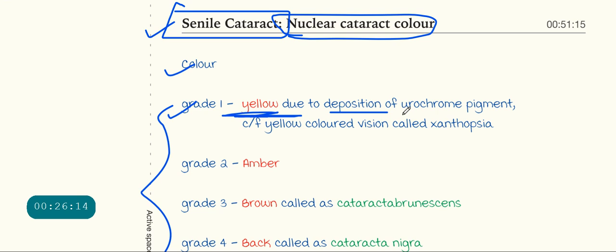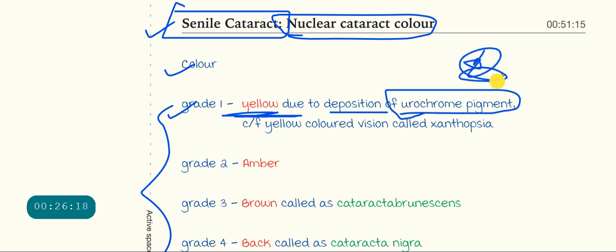Remember this. The clinical feature in the yellow colored vision is called xanthopsia, when the patient complains of a yellow colored vision.